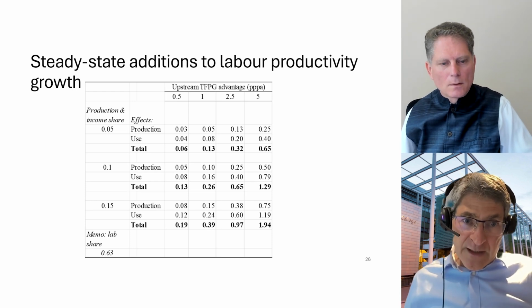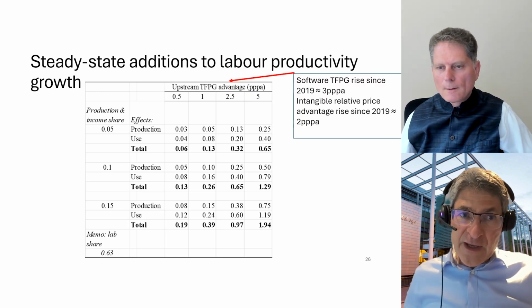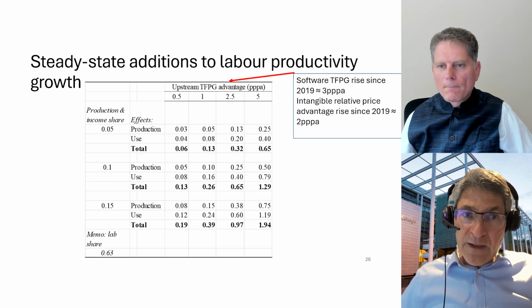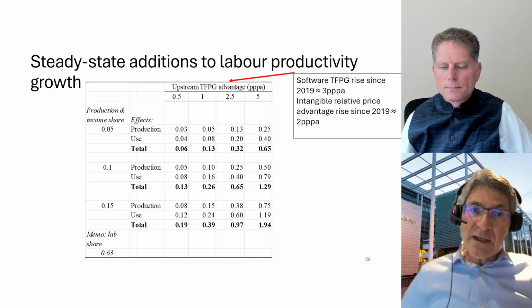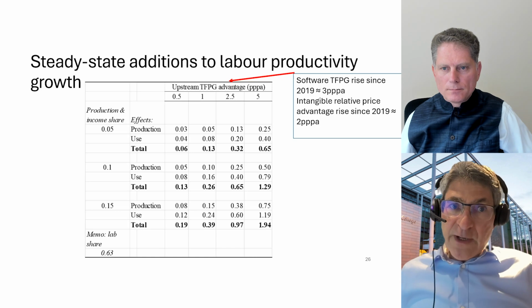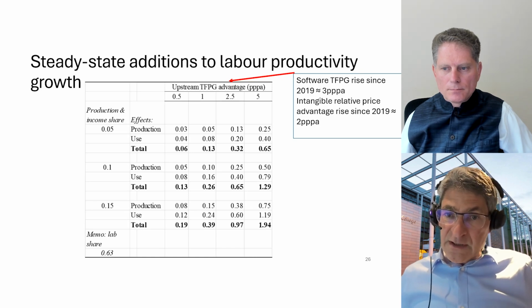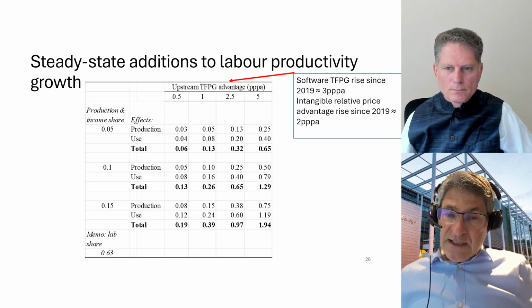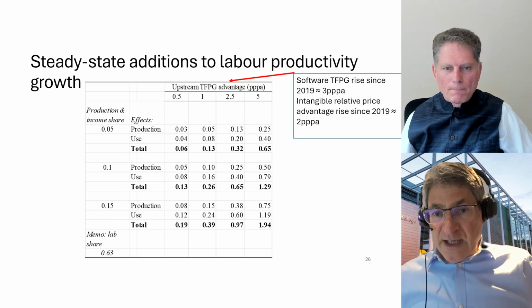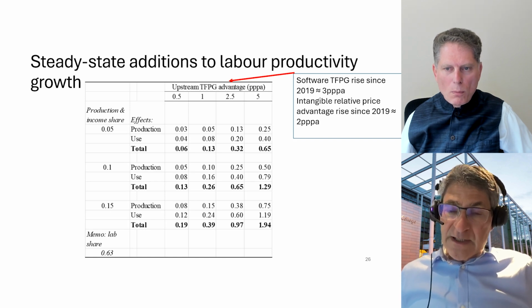All right. Last set of numbers there, and we're going to put our head on the block and say where I think we are. So as I mentioned, there's been this tremendous increase in software TFP, at least measured in the US since 2019. That increase has been about 3 percentage points relative to before. The other way to cut this is to look at the intangible assets, R&D and all those various assets as well, marketing in particular.